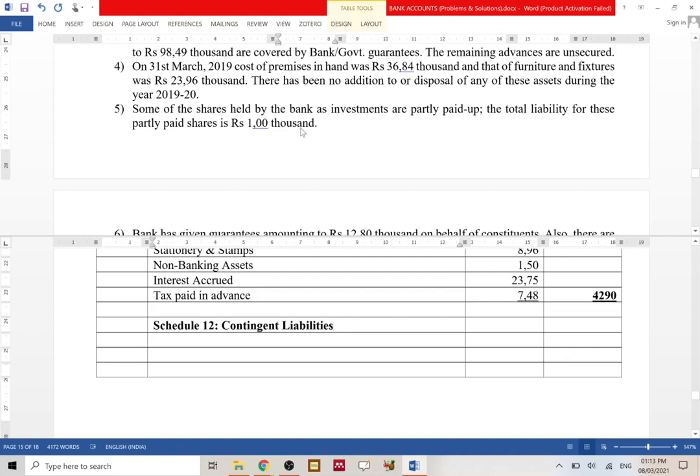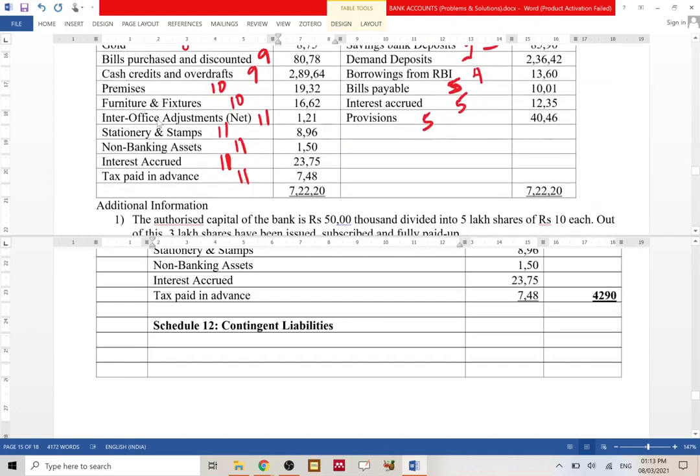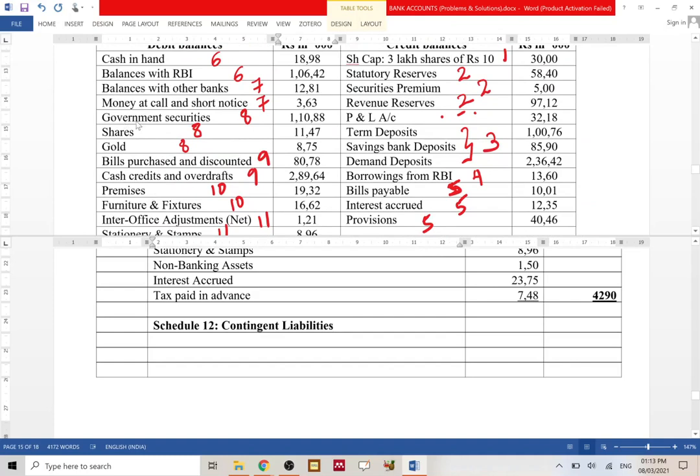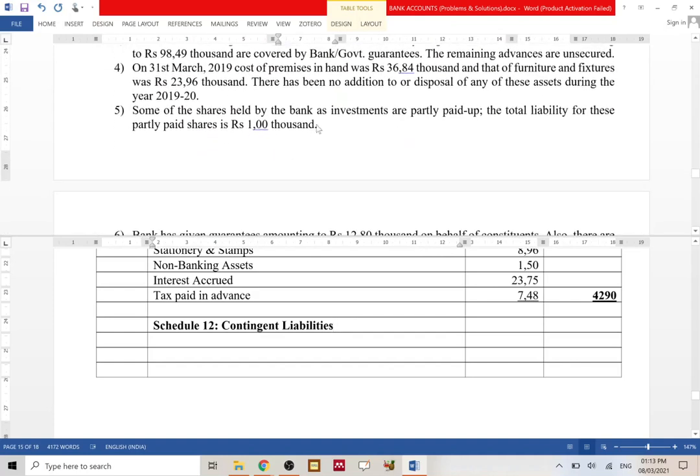Okay, these investments we have put under Schedule 8, some of these shares. Only part of the amount has been paid and the other amount has not been paid. So it's like a contingent liability for the bank. Alright, so liability for partly paid up shares, amount is 100.